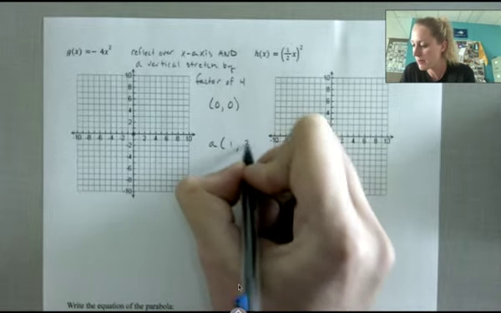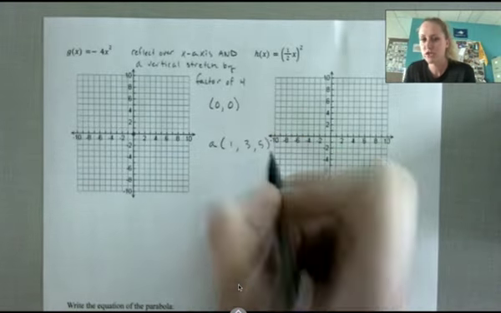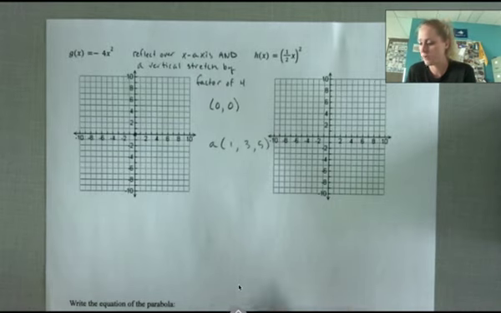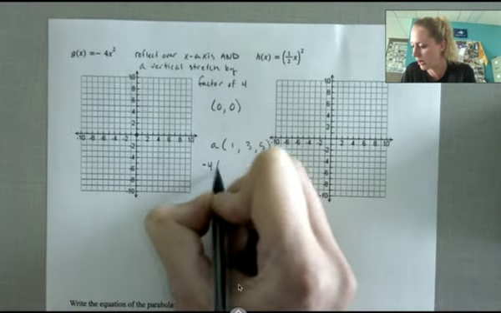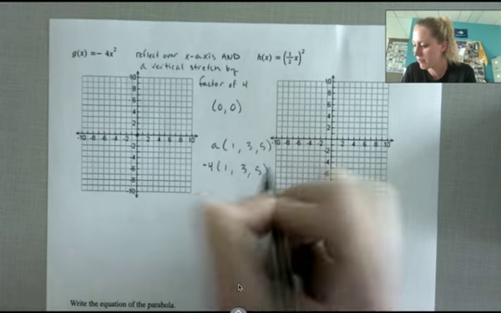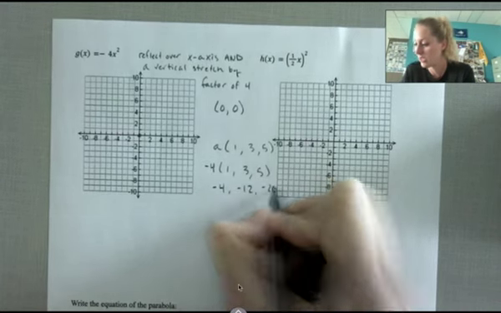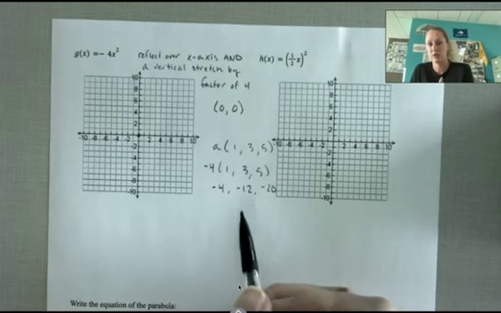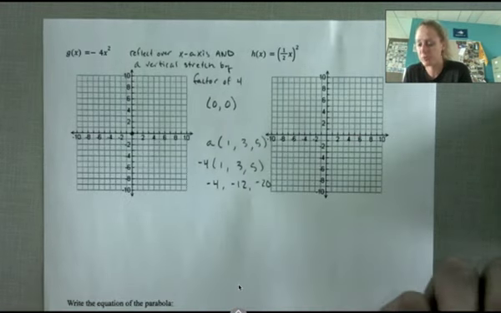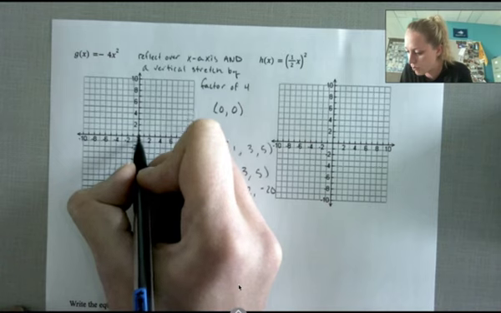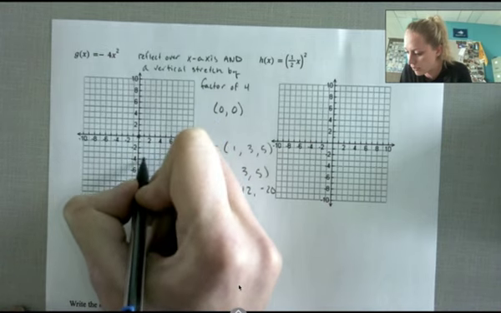So here is kind of the pattern. Right, we have that pattern of 1, 3, 5. We just take a and multiply by those things. So if I put in -4 times 1, 3, 5, I get -4, -12, -20. So the negative is just going to tell me to go down, which I needed for the reflection anyways. So I'm going to go down 4, 1, 2, 3, 4, and over 1.